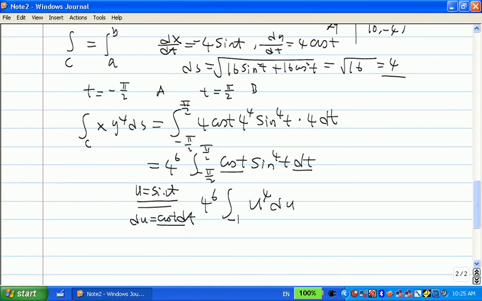When t equal to pi over 2, your u equal to 1. Okay, we integrate this, gives you 4 to the 6th, 1 over 5, u to the 5, evaluated from minus 1 to 1. They give you 4 to the 6th. You do this one, you replace by 1, then subtract the value at negative 1, multiply by 2. So you find your line integral.